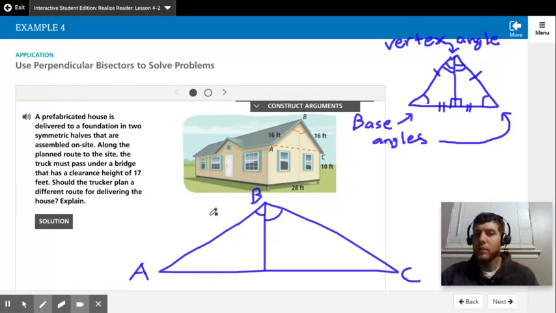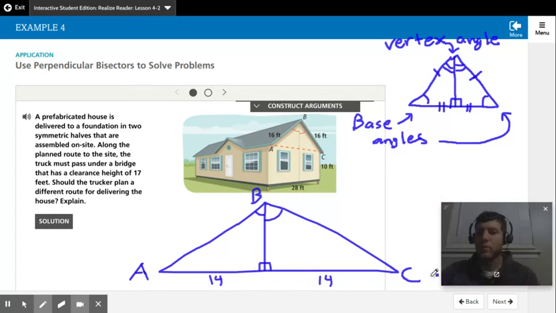We know the base across the bottom is 28, so we know each of these pieces is going to be 14. So 14 and 14 here. This is using theorem 4.2 that we just had. When we bisect that vertex angle, then it's going to be a perpendicular bisector of the base of the bottom here. And then we know the hypotenuse of a right triangle is 16.